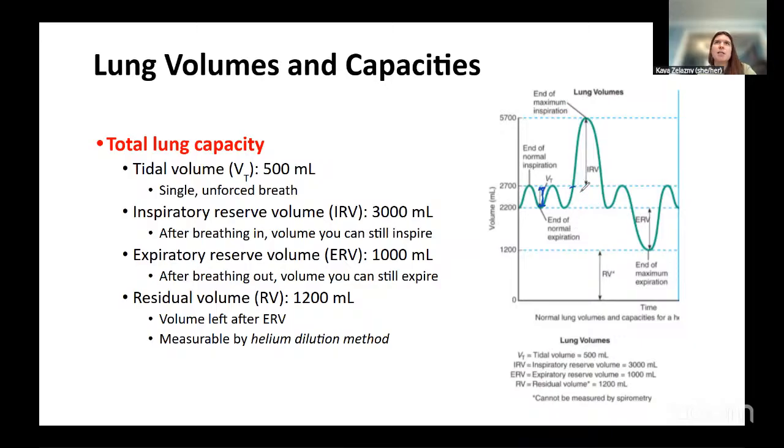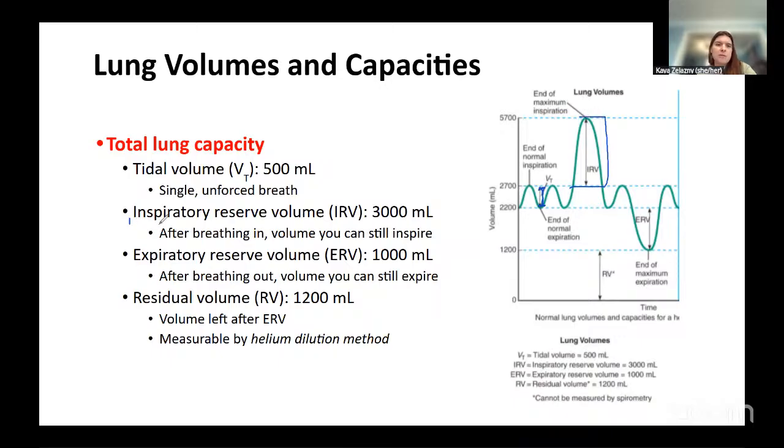And imagine you're in a yoga class or doing a meditation or something, and they tell you to breathe in extra deep after an easy breath, right? That extra amount that you gulp in, filling your lungs as deeply as possible. That extra part is your inspiratory reserve volume.